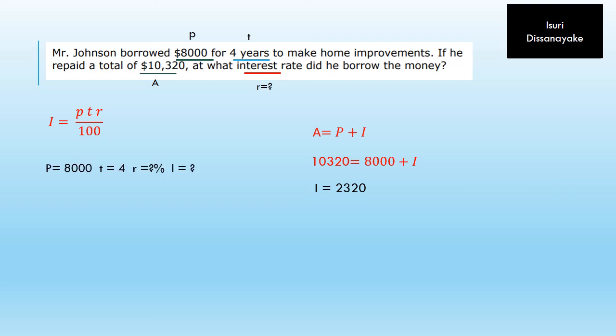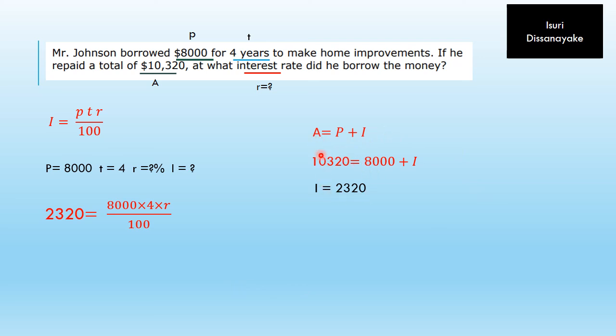Thereafter, we are going to substitute into the first equation to find the interest rate. So, the interest amount is 2,320. Now, from where did I get this 2,320? I worked it out here.